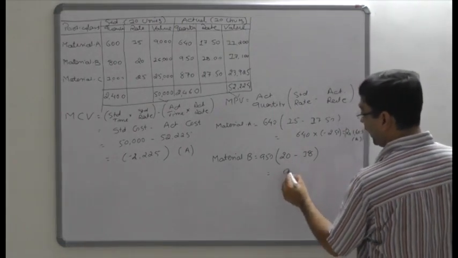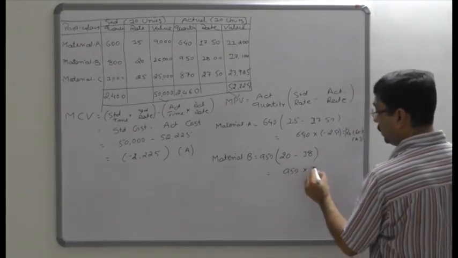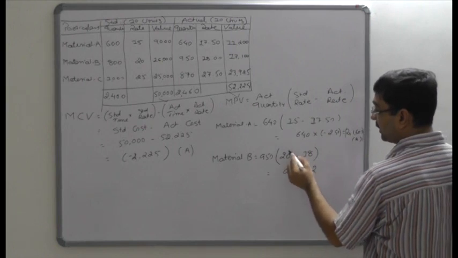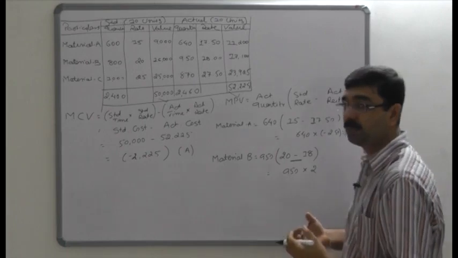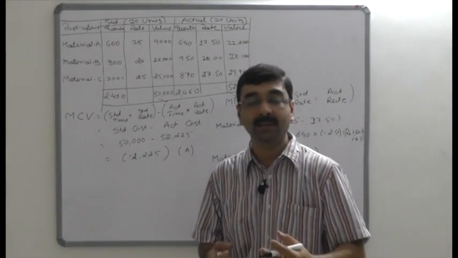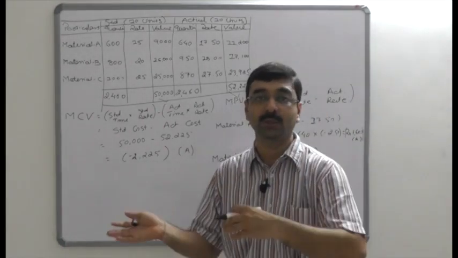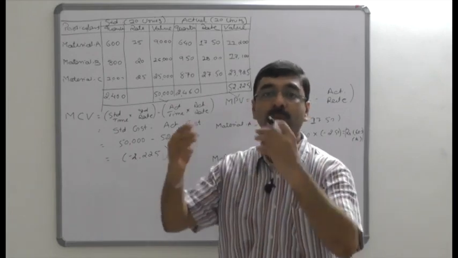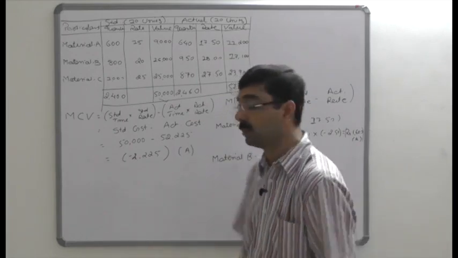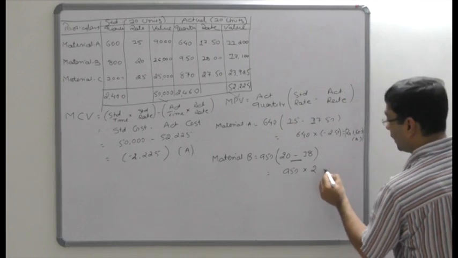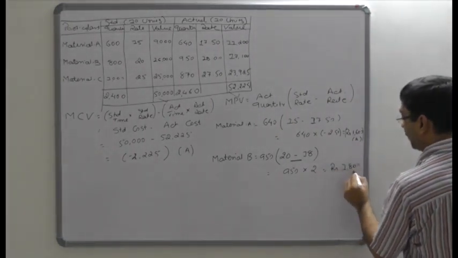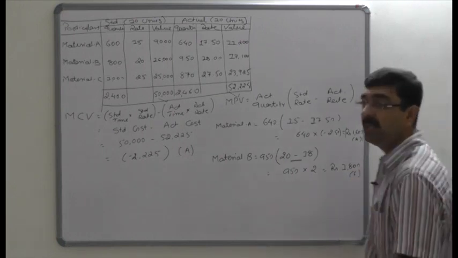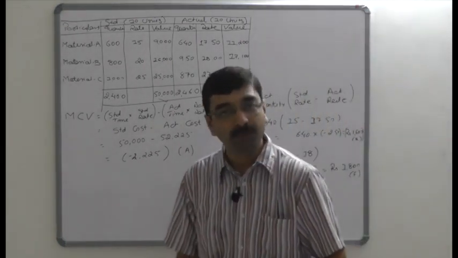So see here, 950 into 2. Because the standard rate is higher than the actual rate, your estimated rate is higher than the actual rate, but actually you tried to control it, and because of that your answer is favorable, rupees 1900. So for material B, it is favorable.